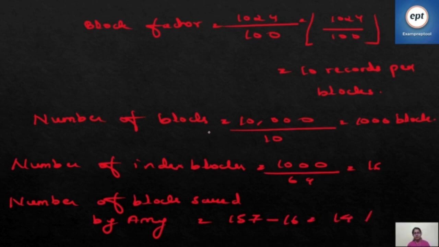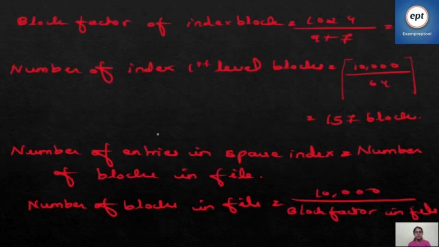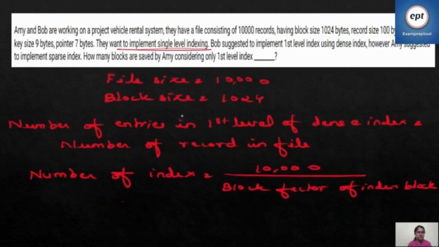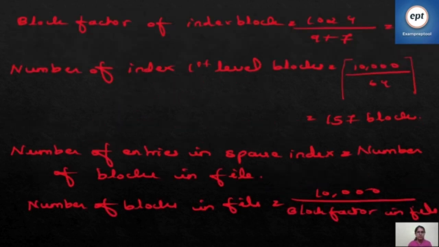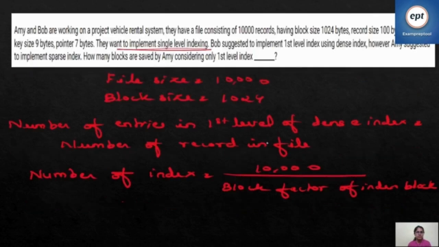So first we took the dense index and worked out how many blocks we get, and the answer we got is 157. After that we took the sparse indexing which Amy suggested.